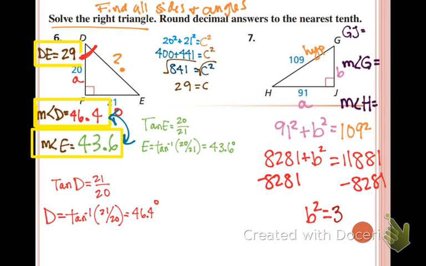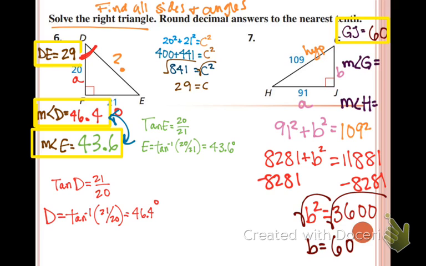Is it? Take the square root. B equals 60. So GJ is 60, not degrees, just 60. Questions on finding that missing side?